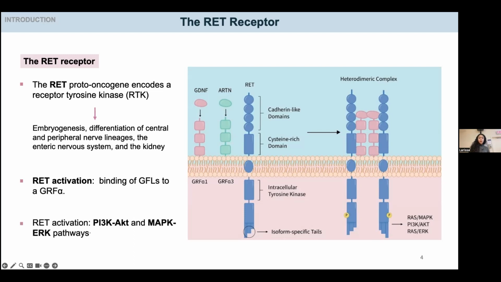This ligand receptor complex activates downstream signaling pathways, including PI3K-AKT and MAPK-ERK pathways, which will influence cellular processes such as survival, differentiation, proliferation, migration, and neurite outgrowth.